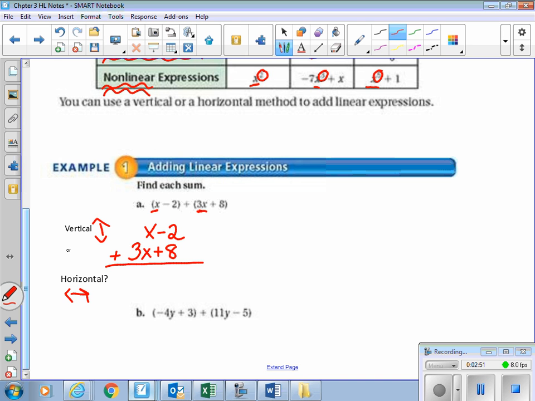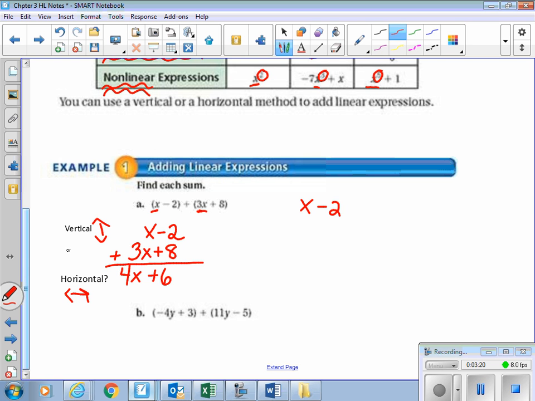So negative 2 plus positive 8 would give me a positive 6. My signs are different, and in addition, I actually subtract and take the sign of the higher absolute value. And this is really a 1x plus 3x, which would give me a total of 4x, giving me my answer of 4x plus 6.